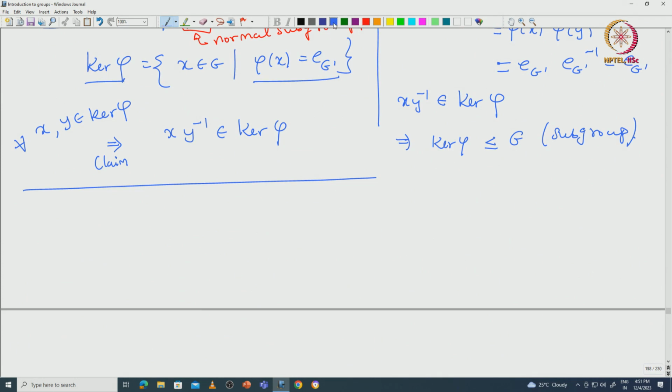Let us fix some g in G and then some x in kernel phi. Then look at this conjugation g x g inverse. What happens to this?